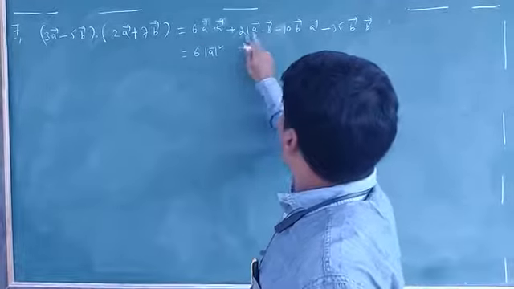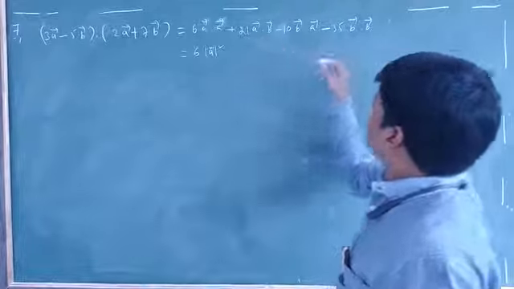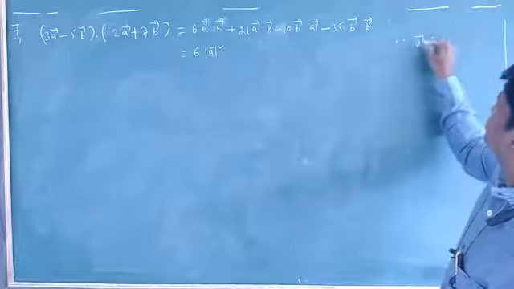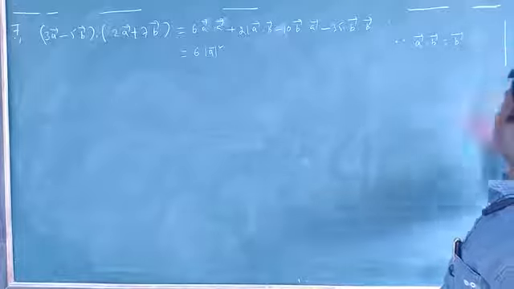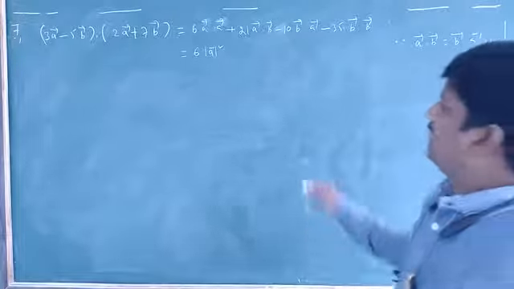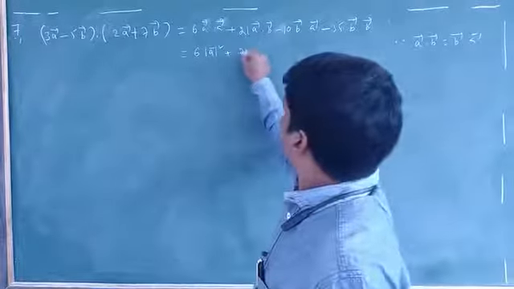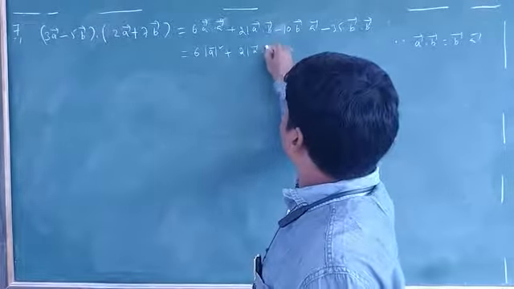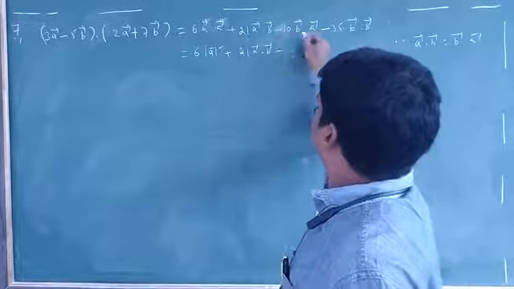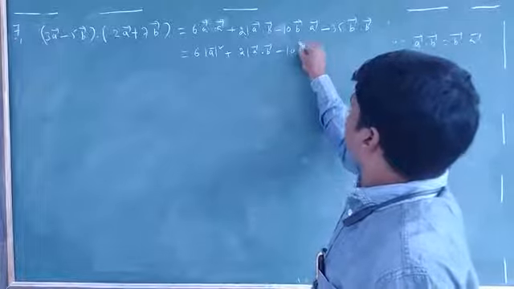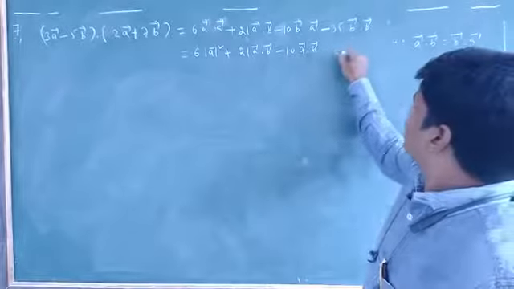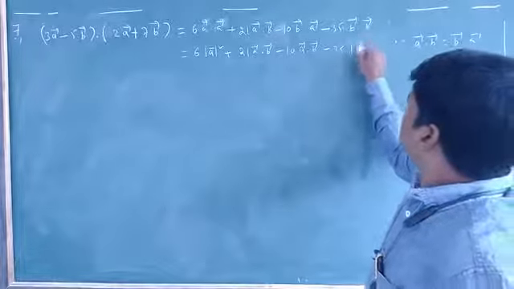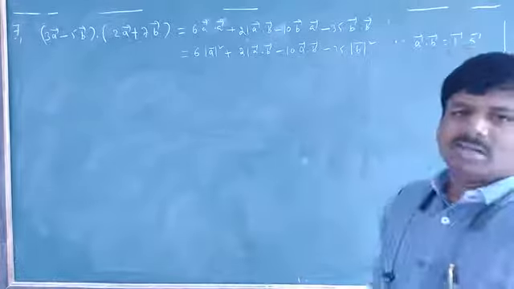Here what we know? A bar dot b bar is equal to b bar dot a bar. You know that, right? So here plus 21 a bar dot b bar minus 10 b bar dot a bar, what can we write? We can write a bar dot b bar. Minus 35 b bar dot b bar means mod b bar square.